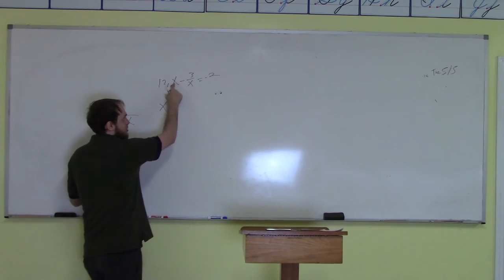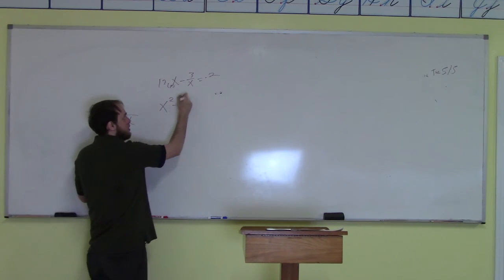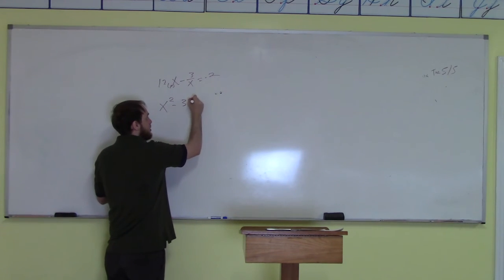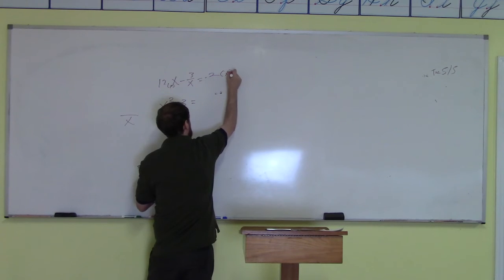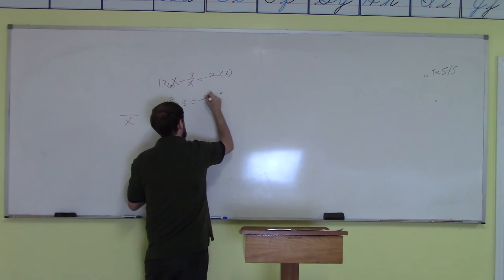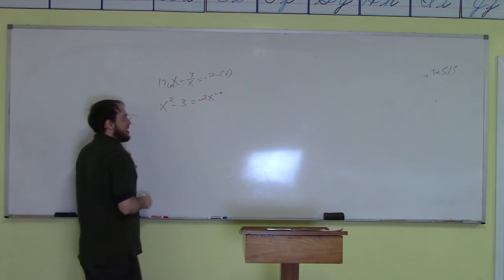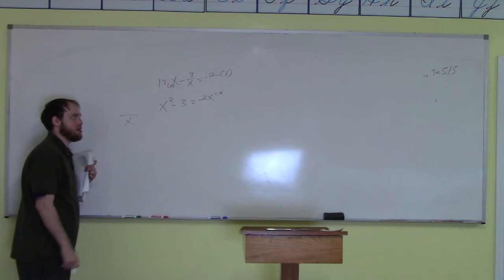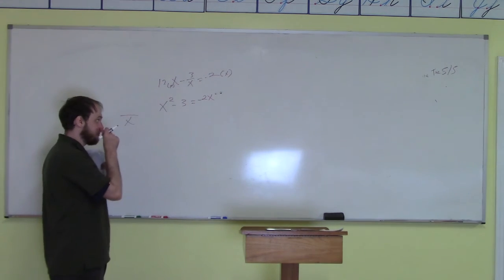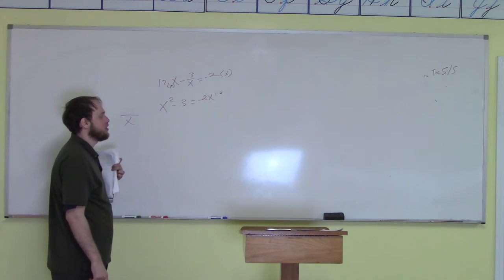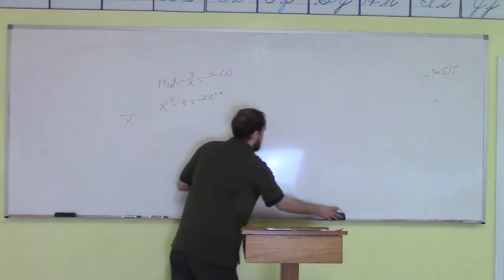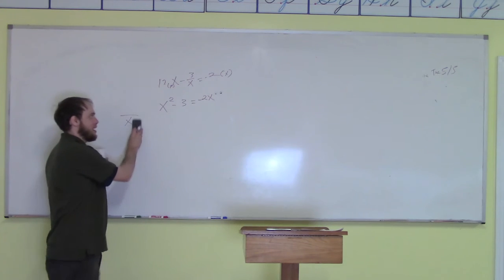So x times x is x squared minus 3 equals negative 2, and I have to multiply it by an x as well. And it's all over x, and so we don't really have to worry about our denominator since it's all the same.